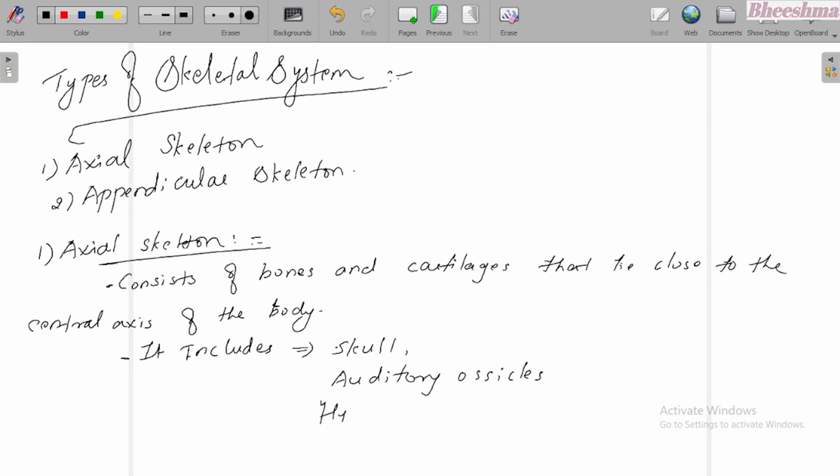Next, hyoid bone. Vertebral column. And ribcage.